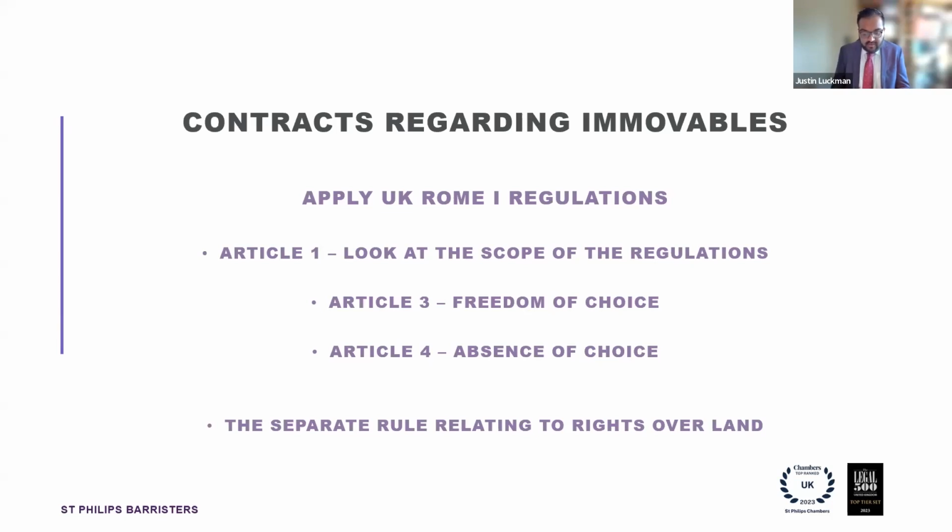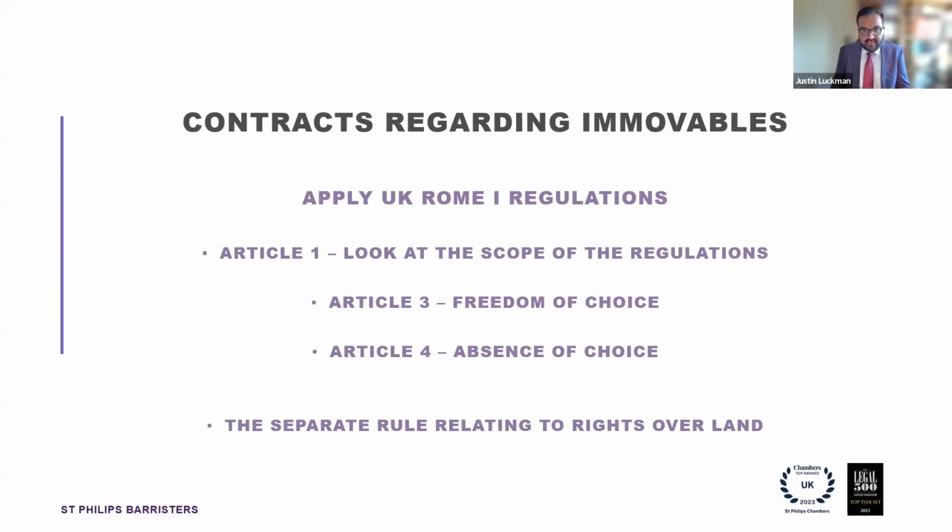You'll find the amendments in the law applicable to contractual obligations and non-contractual obligations amendment UK exit regulations 2019. Not the easiest legislation to spell out. And that provides for the continued application of the retained EU law version of Rome 1, which is, for our purposes, known as UK Rome 1, as domestic law to determine the law applicable to contractual obligations.